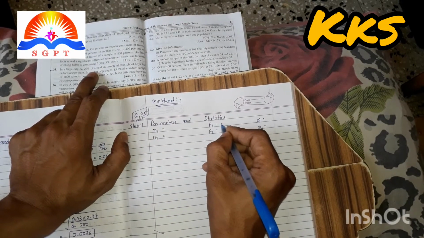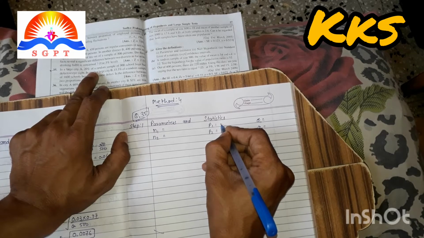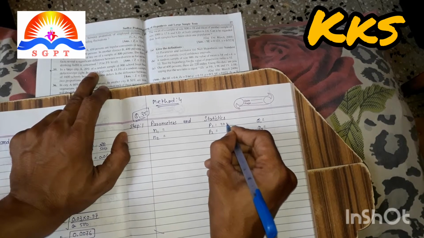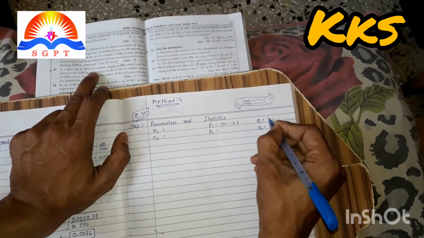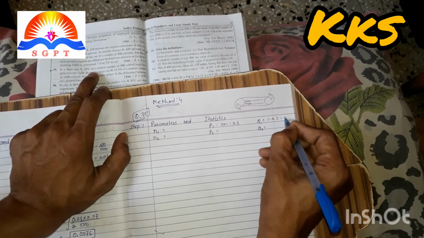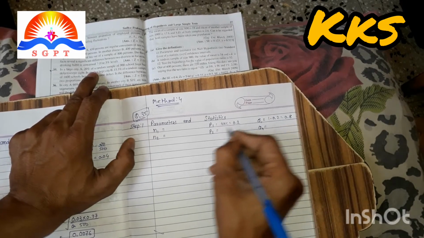In city A, which is 1, 20% means p1 is 0.2. So the remaining, 1 minus 0.2, means q1 is 0.8.